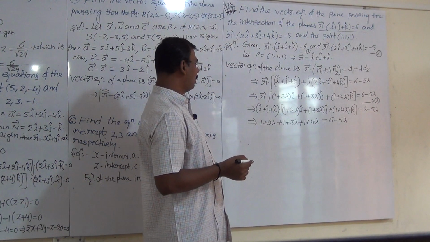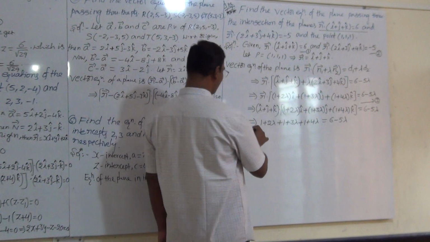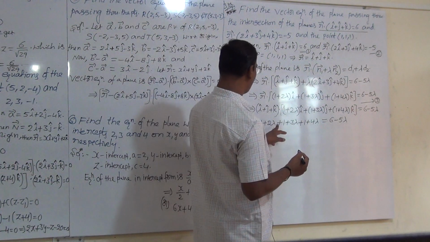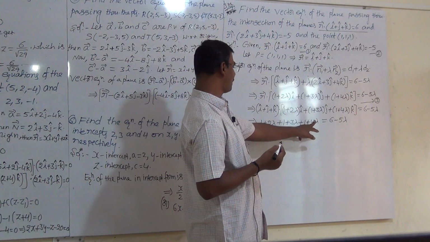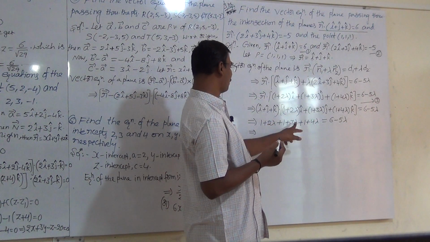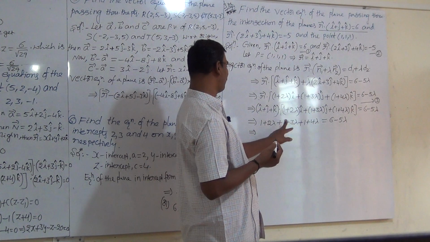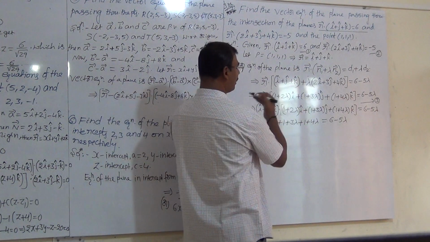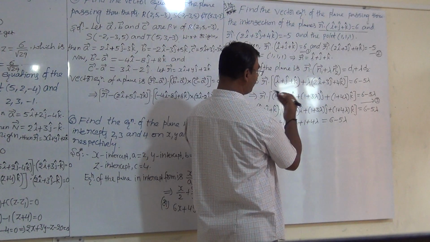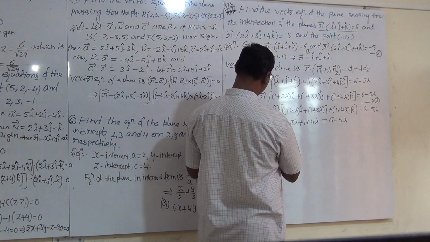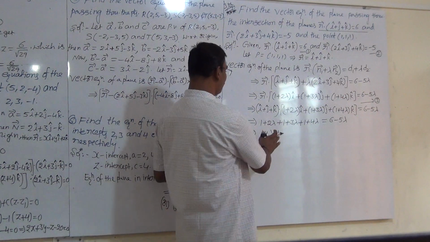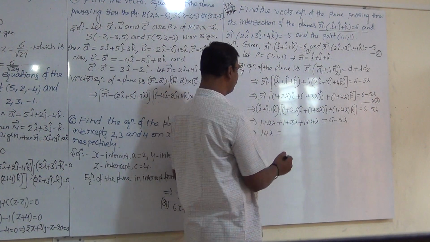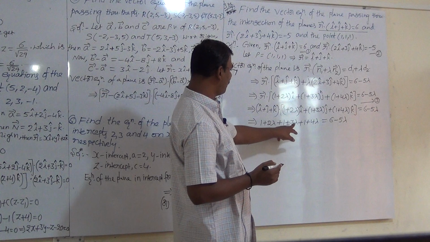Now simplify this. This implies 2 lambda plus 3 lambda plus 4 lambda, total 9 lambda. Taking this side, minus means plus, 9 plus 5, 14 lambda, plus constant terms: 1 plus 1 plus 1 is 3.